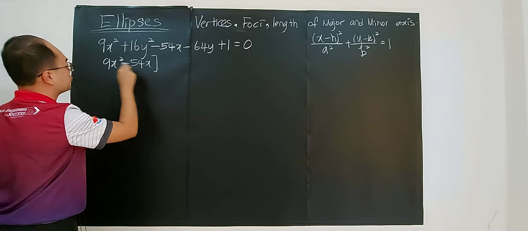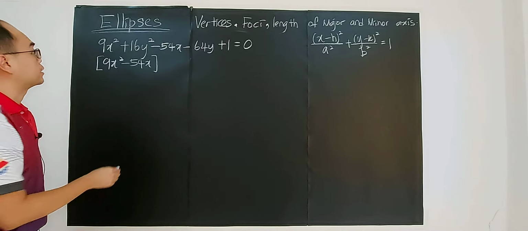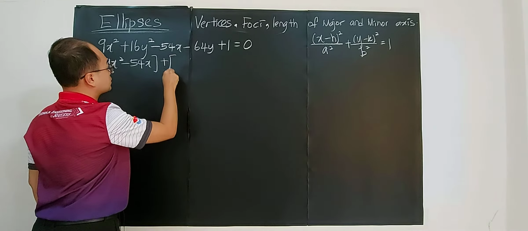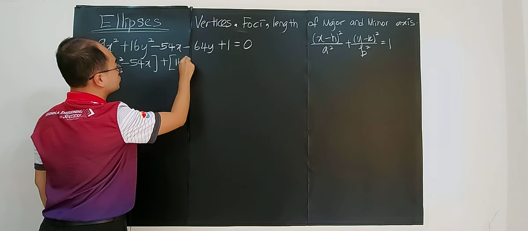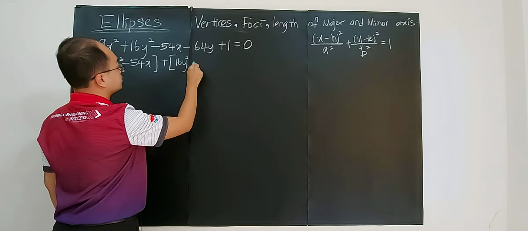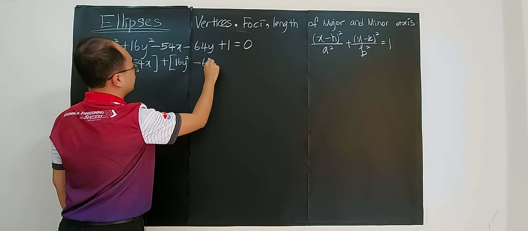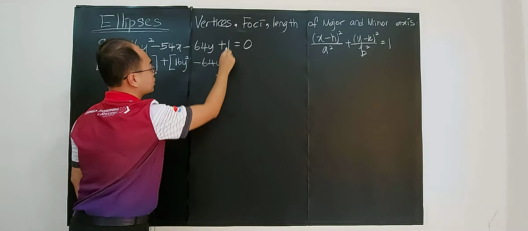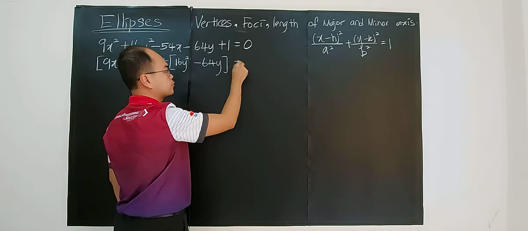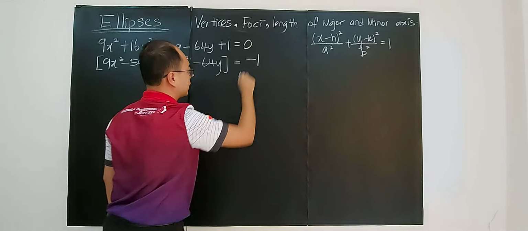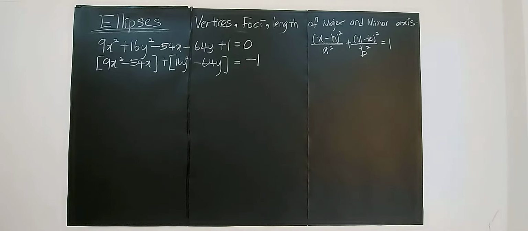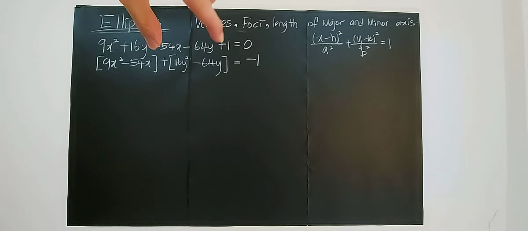We're going to group the x together and the y together, okay? Plus 16y to the power of 2, minus 64y. And of course, the constant without x and y, I will move to the right hand side, negative 1 here. So this is the first thing that you must do: group the x together and the y together.